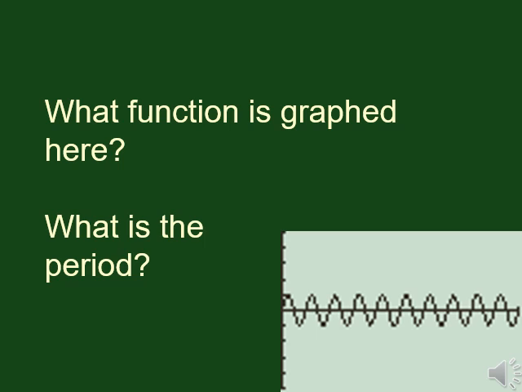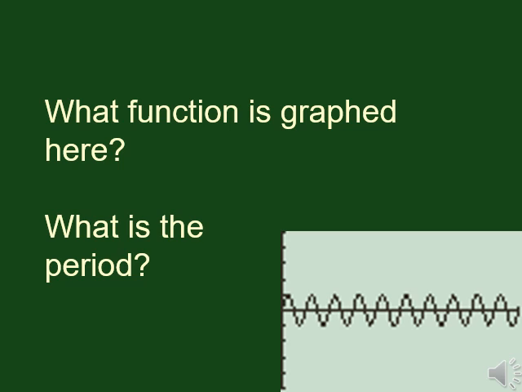So what you've got to do here is count how many times this repeats, and also figure out, are we looking at a sine or a cosine graph? It's a little bit hard to tell on this, but actually we are looking at a sine graph. It would start at the origin and go up to the top and then back down and back to the middle.